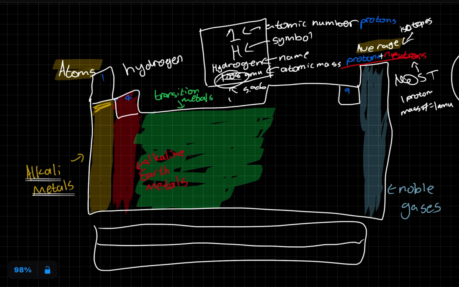So after the transition metals, you get into the metalloids and the halogens. So the metalloids kind of go in a zigzag like this.